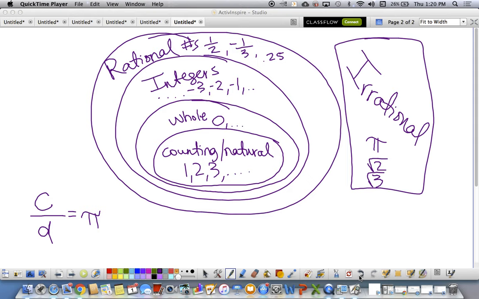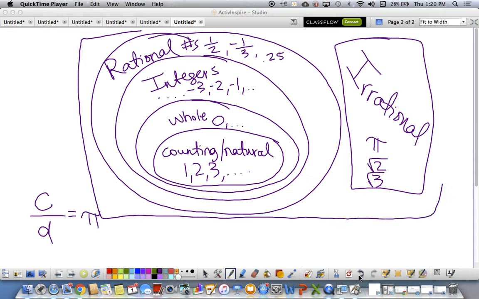Something puts a box around the whole thing, and they are called real numbers. All irrational and rational numbers are called real numbers. Alright, so now we have a concept of what we're talking about.